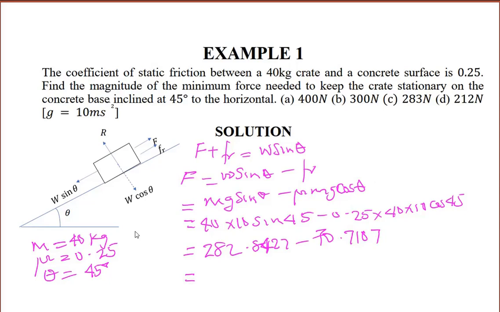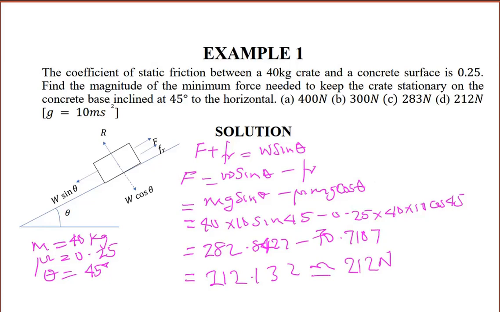282.8427 minus 70.71 will give us 212.132, and that is approximately 212 Newton. So that is the minimum force that will keep the body from sliding down the inclined plane.